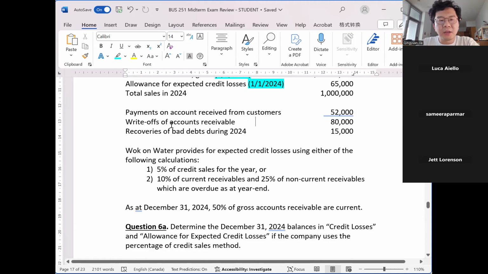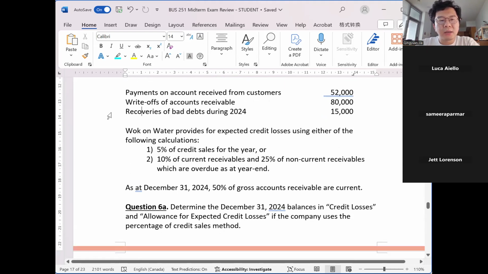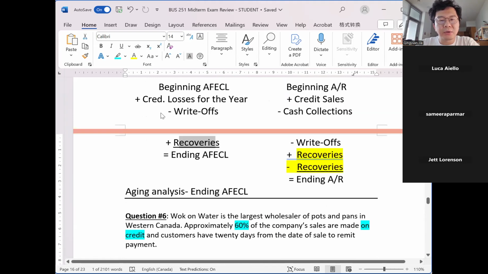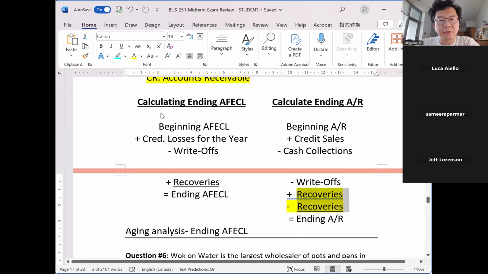And write-offs of account receivable is the amount that you simply wrote off. And this is the recoveries of bad debt during 2024. Recoveries, remember, it's this recoveries and this recoveries. If you are calculating the account receivable, then this actually doesn't matter. But for the AFECL, you have to add this recoveries back.